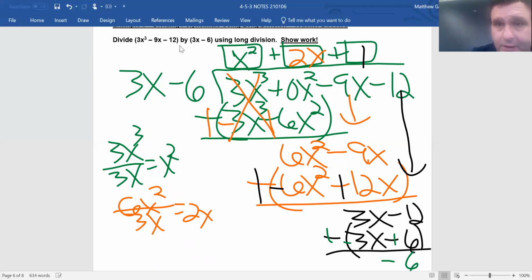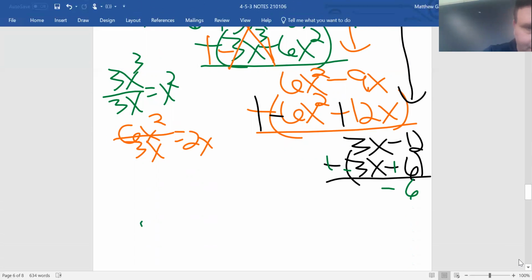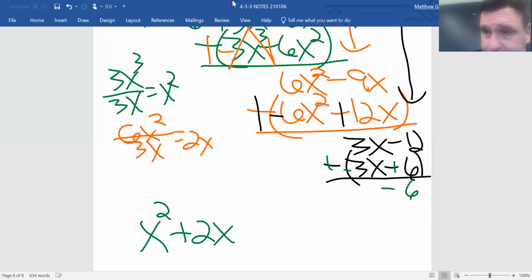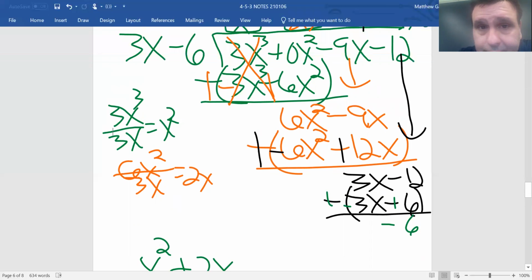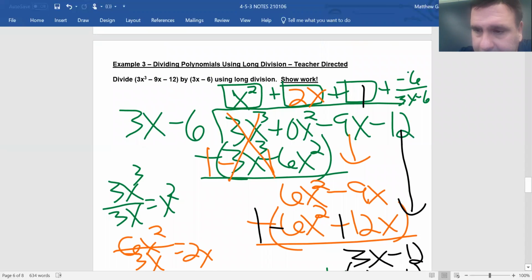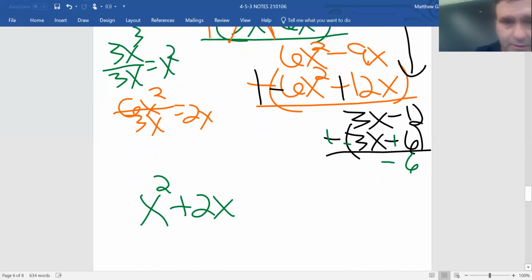So that's your remainder. When we write the remainder, it's negative 6 over the divisor. So let's write our answer down here: x squared plus 2x plus 1 with a remainder of negative 6.